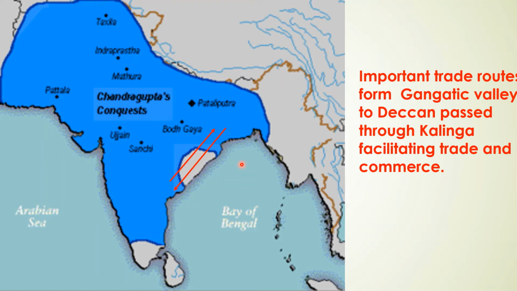In trade and commerce, Kalinga was a great competitor for the Mauryan empire. Important trade routes from Gangetic Valley to Deccan passed through Kalinga, facilitating trade and commerce. So strategically, from economic point of view, control on Kalinga was critical.